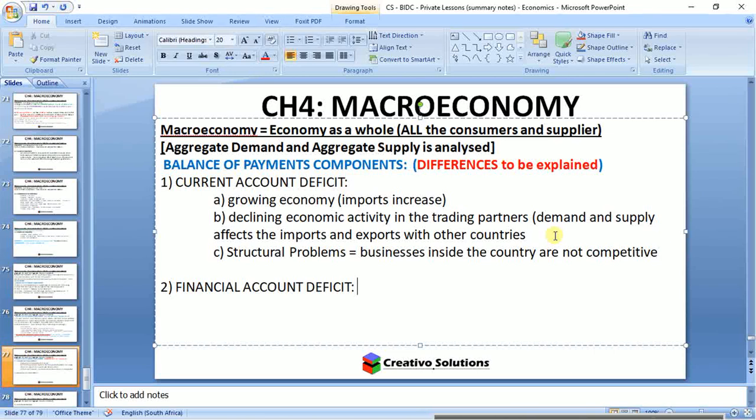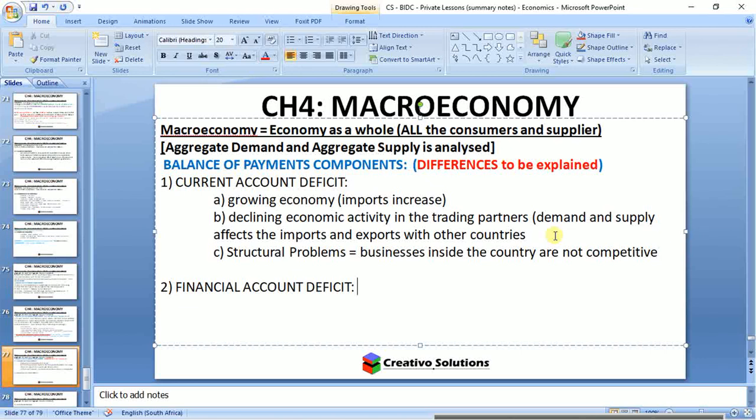Direct investments. Good. Investments and other investments. Yes, so now you've got all those investments. The direct, what is the other one? The portfolio. Yeah, the portfolio. So now, if you've got those financial assets in those financial accounts, what would cause a deficit?